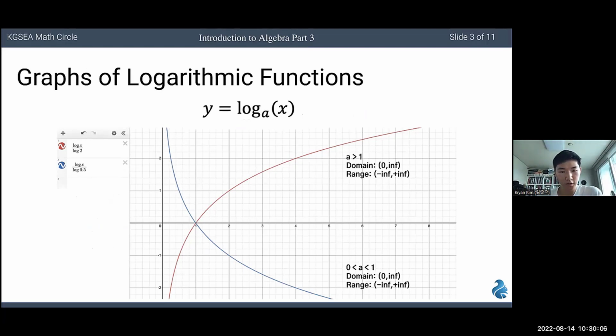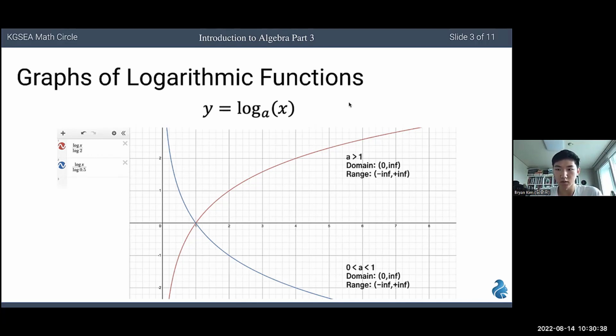To illustrate the two types of graphs you can get from logarithmic functions, I created 2 examples: log x base 2 and log x base 0.5. The reason I wanted to show you these 2 functions is because they show how the graph of the logarithmic function changes depending on the base number.